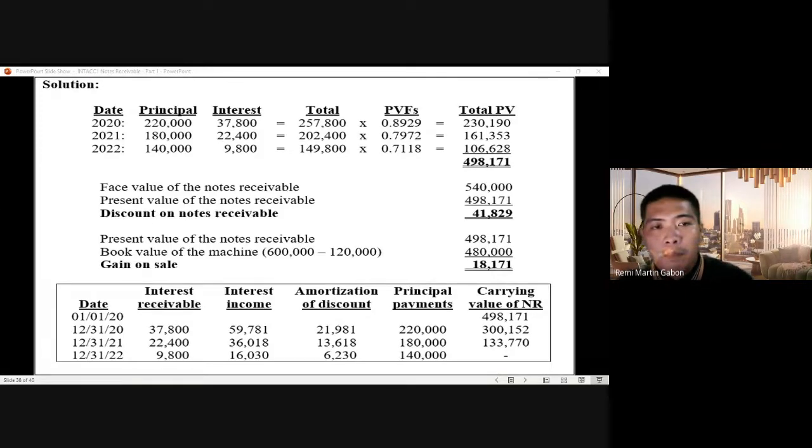We can drop 0.24. Then from 36,018, subtract 22,400. That gives 13,618. Then we add 13,618 to 300,152. How much is it?